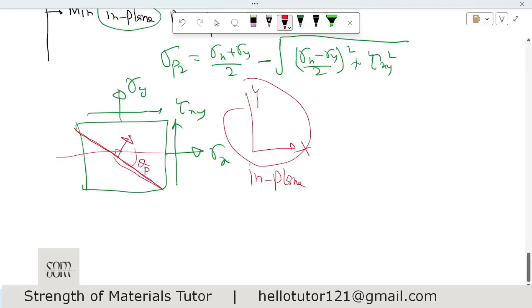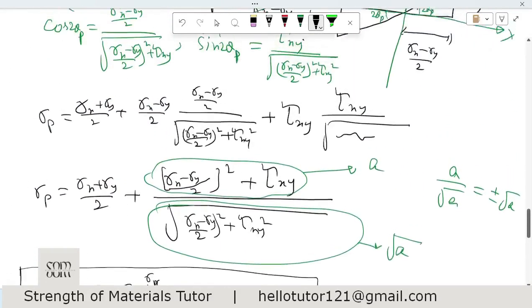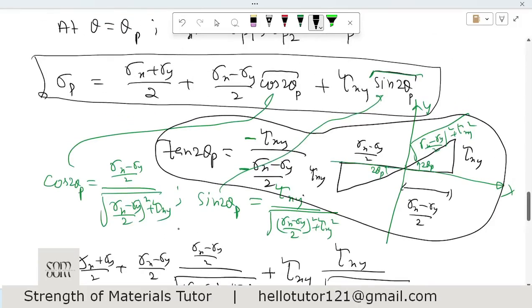We have stress sigma p. But now the question is, what is the value of shear stress on this principal plane? Let us find the value of shear stress at theta p. It is very simple. We already know how to find the shear stress on an inclined plane, because after all, a principal plane is also an inclined plane, right? So we will simply put the value of theta p from this relation into the shear stress.